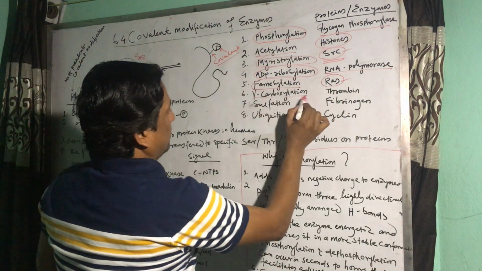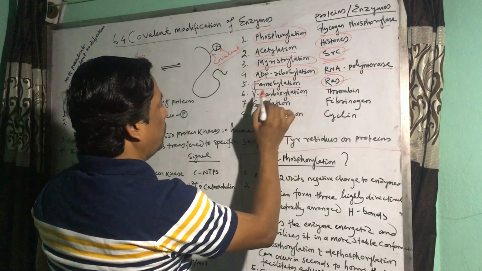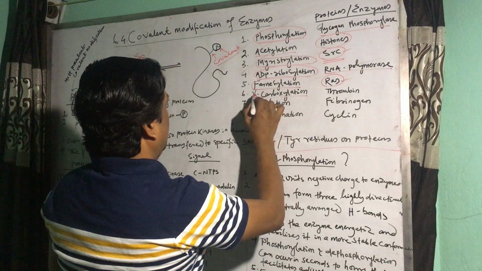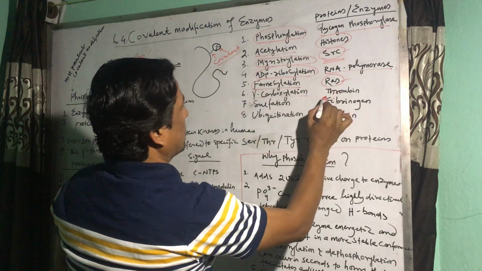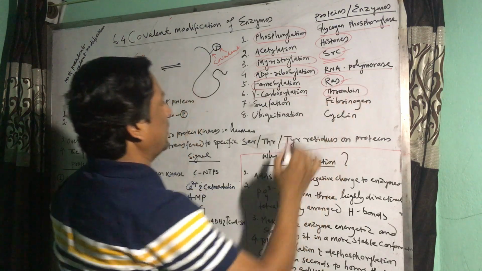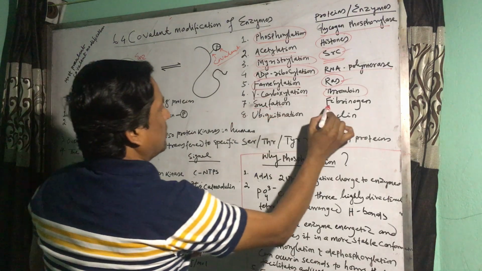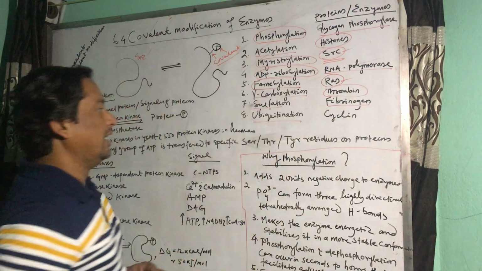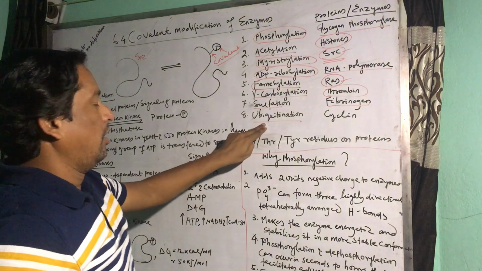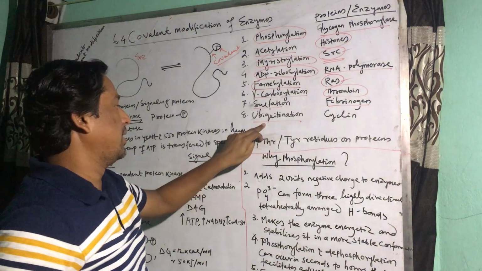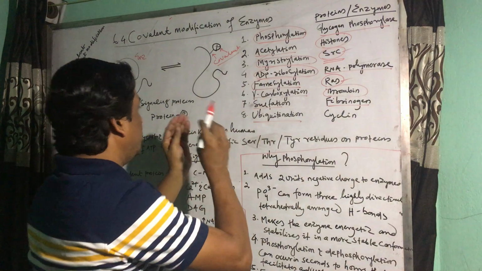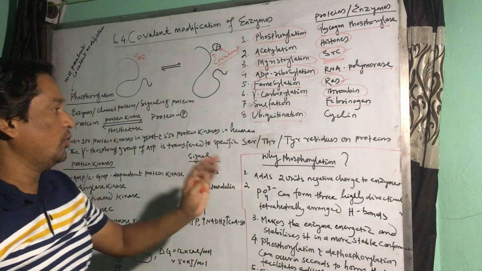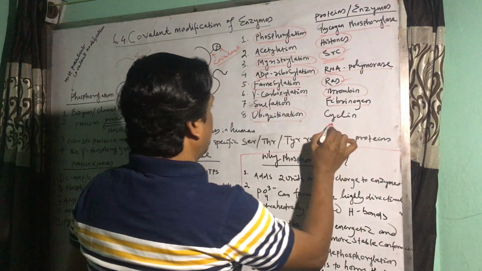Gamma carboxylation. One carboxyl group in the form of bicarbonate ion is transferred to thrombin to activate it. Sulfation, addition of a sulfate group, and ubiquitination is one of the most important enzymatic pathways by which a ubiquitin group is added to a protein in order to activate the protein.